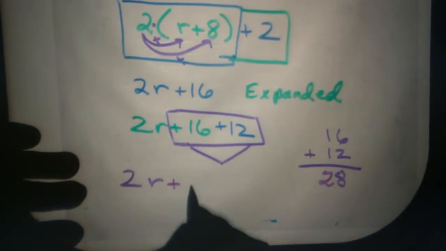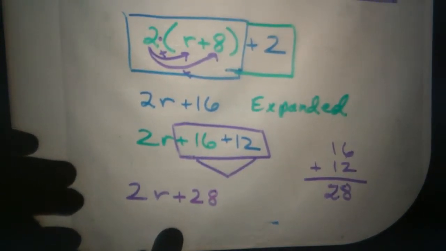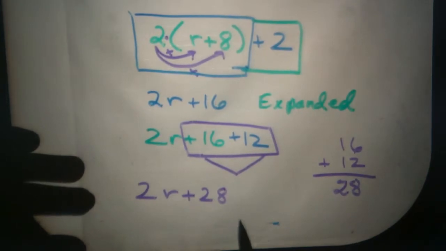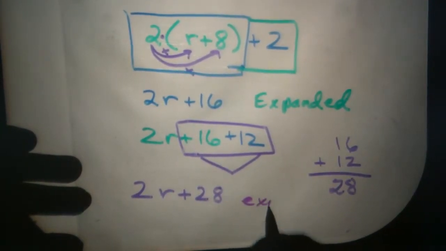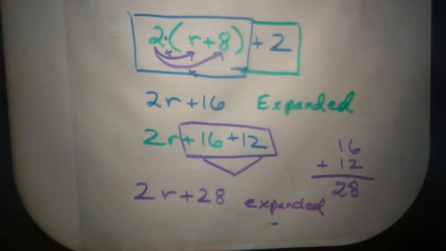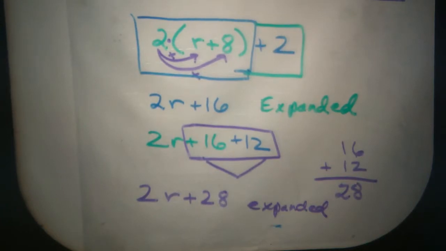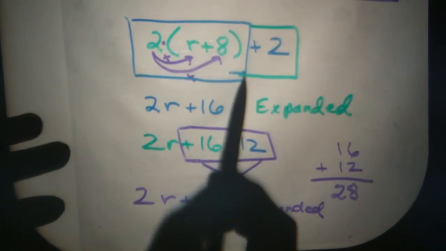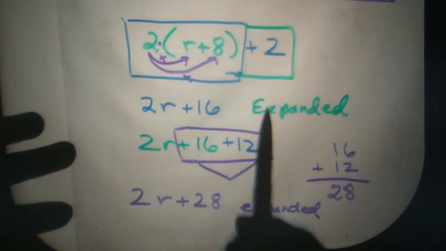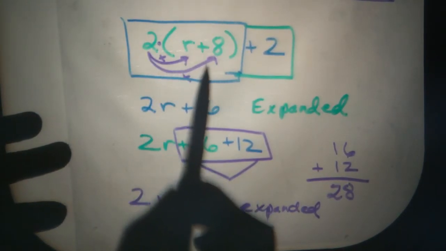So I would have a positive 28. That would be my new expanded expression. So you see, we could always add elements here, change it. But the only thing that is included in this expansion as far as change is whatever is butting up next to the parentheses.